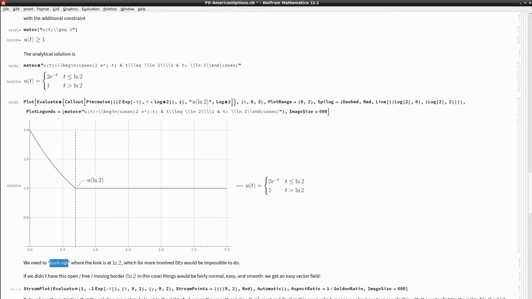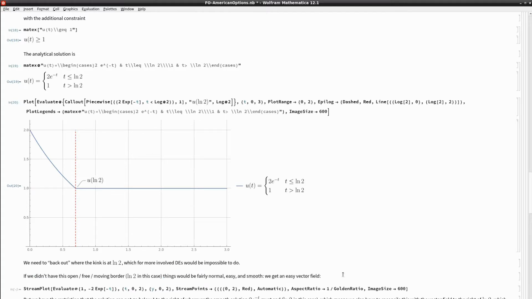We need to back out where that kink is at the natural log of 2, which for more involved differential equations would be impossible to do, right? It's only so simple because of our differential equation system here that is so simple. But if we didn't have this open, free or moving border, then things would be fairly normal.